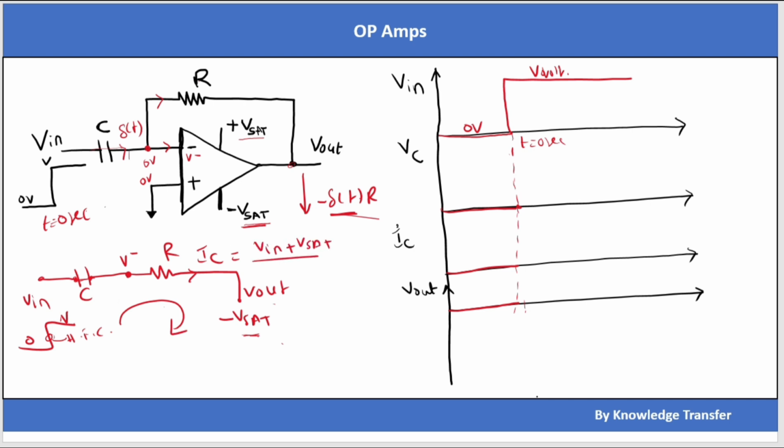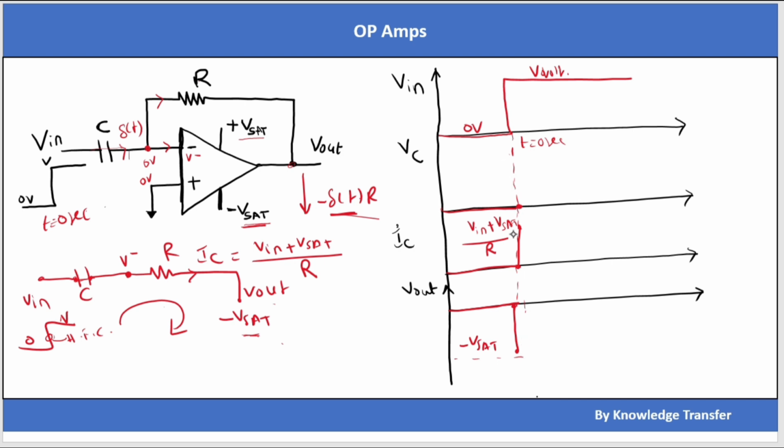So at t equal to 0 itself, Vc is short circuited, so 0 volt, and Ic suddenly went to some current. This will be Vin plus Vsat divided by R, this amount of current. And Vout went to minus Vsat.